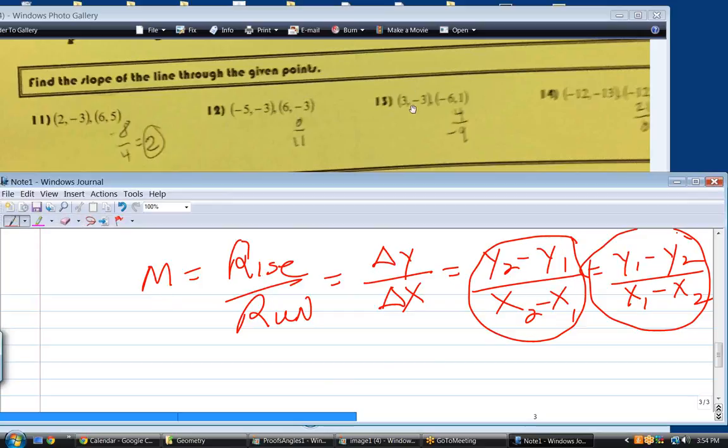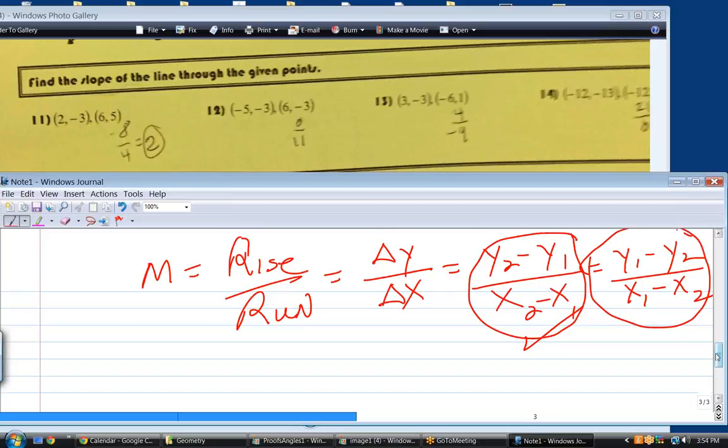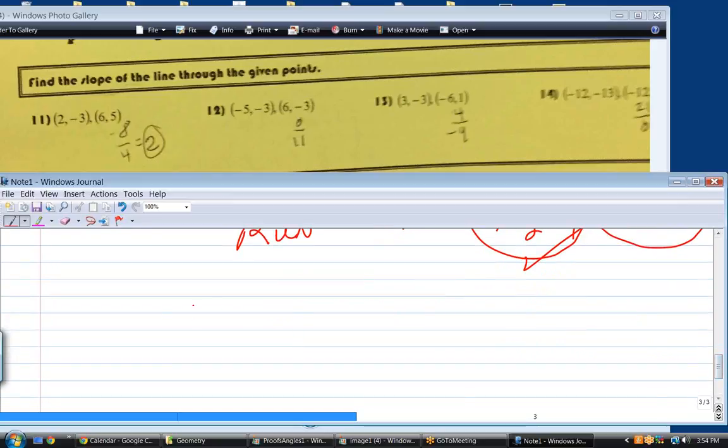Now, number 13, it doesn't really matter which way you do it. You're going to have a negative number either way. So I would probably use the primary formula. And you get 1 minus a minus 3 is 4, and you get minus 6 minus 3 is minus 9. Okay. Now, just make sure, I'm just double checking here to make sure you know this.